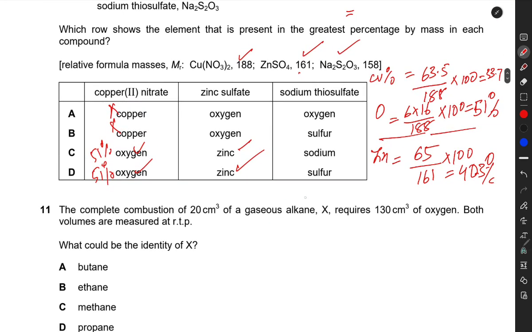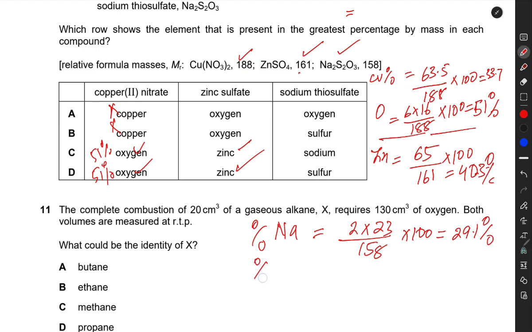Now let's calculate sodium thiosulfate. Sodium percent is equal to 2 into 23 divided by 158 into 100. So this is about 29.1%.